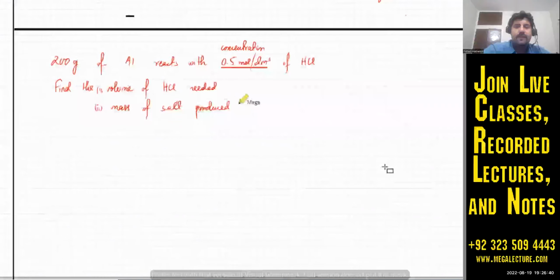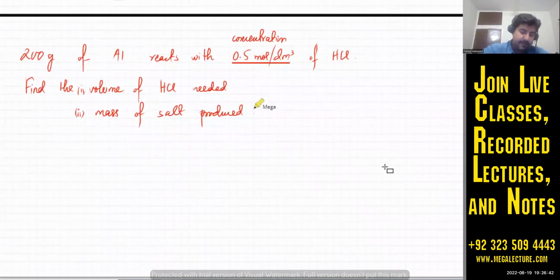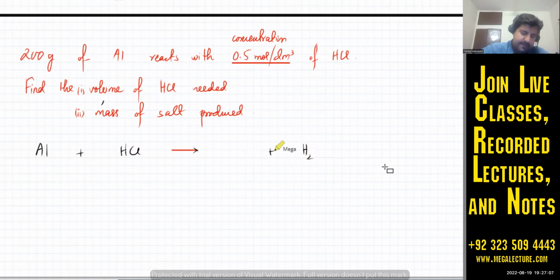पहला काम क्या होगा? The very first thing, the basic thing, is make the equation. So it's a metal plus acid reaction. You've got aluminium reacting with hydrochloric acid, HCl. Metal plus acid, what happens is the H ends up forming H2 gas, and whatever is left is your salt.